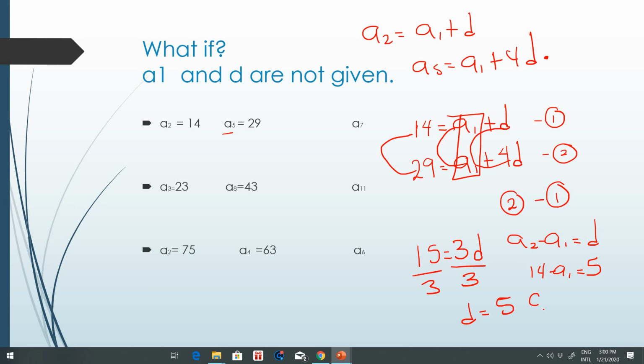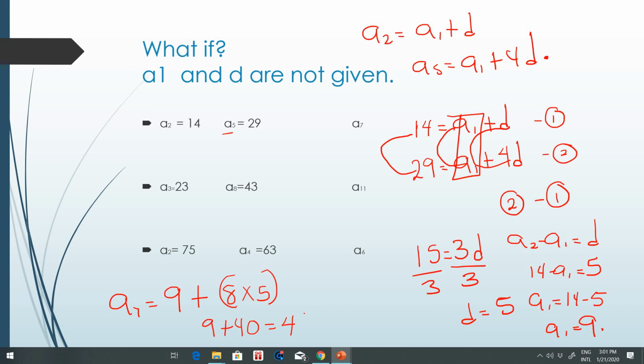So A1 is 14 minus 5, and A1 is 9. So what's A7? A7 is 9 plus 6D. So what's our D? Our D is 5. So we have 9 plus 30, and we have 39.